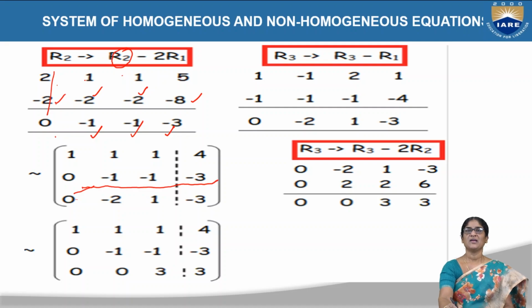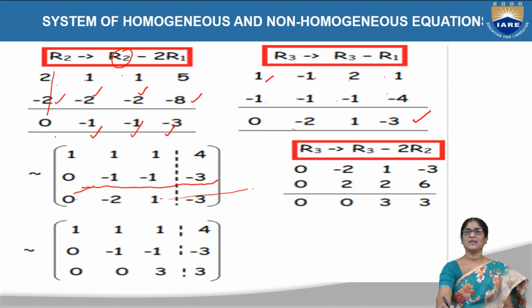In a similar way, let us go for the next one. R3 minus R1. R3 is 1, minus 1, 2, 1. Minus R1 is minus 1, minus 1, minus 1, minus 4. The first entries cancel, giving 0, minus 2, 1, minus 3. So you substitute these values here to get the third row.